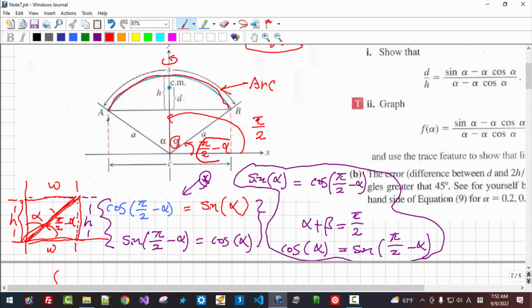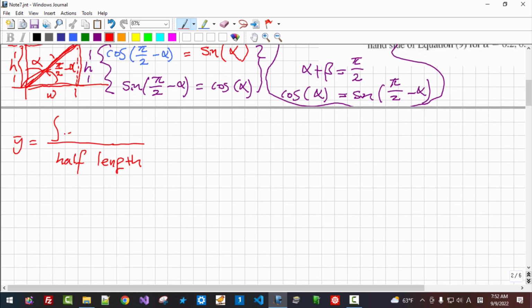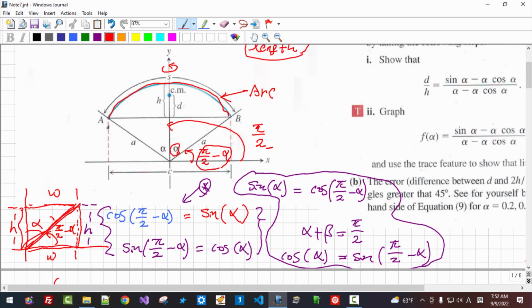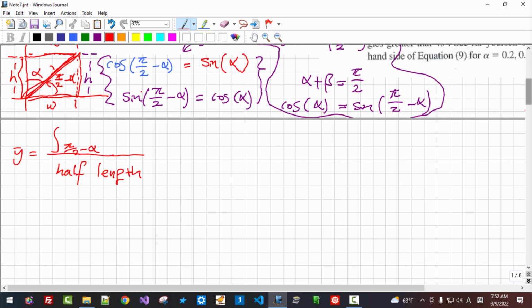This is the lower limit, pi over 2 minus alpha. The upper limit is pi over 2, this angle.